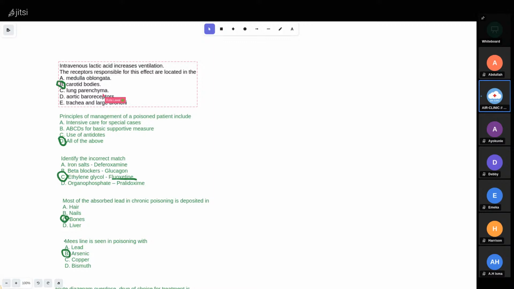Obstructive lung diseases, all except: pulmonary fibrosis, asthma, emphysema, bronchitis.